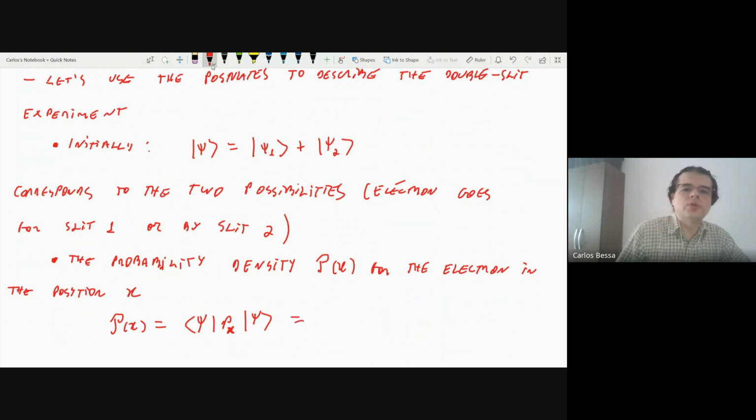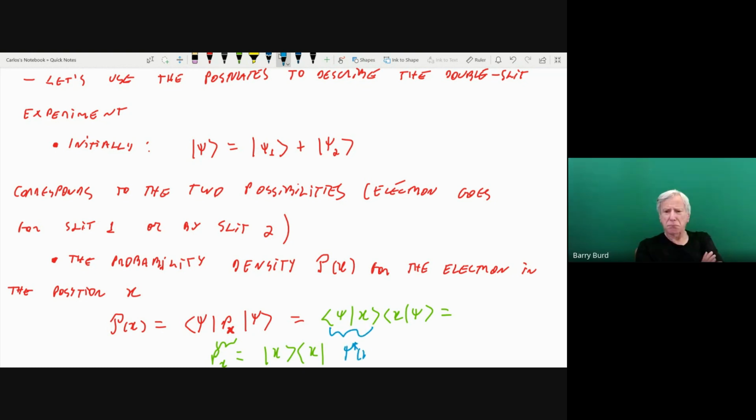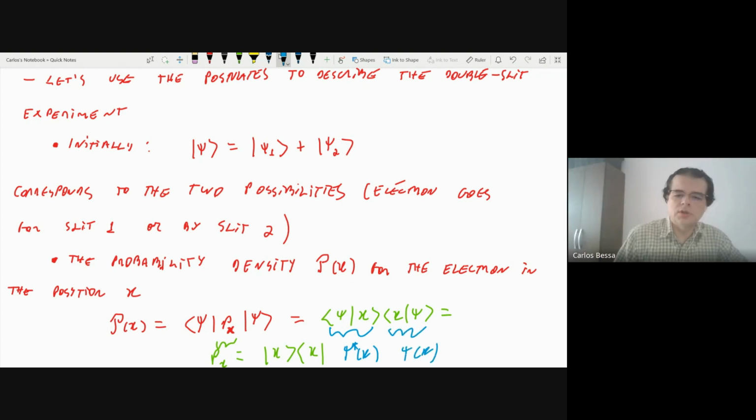If you use the definition of the probability, the projector P of x is just the projector onto x. So if you use this here, we will have psi, projector of x, psi, which is just this is the psi, this is the conjugate, and this is the psi.